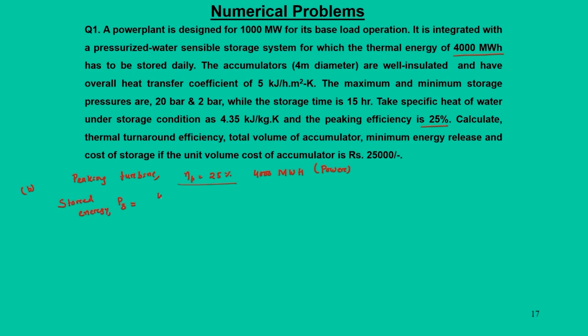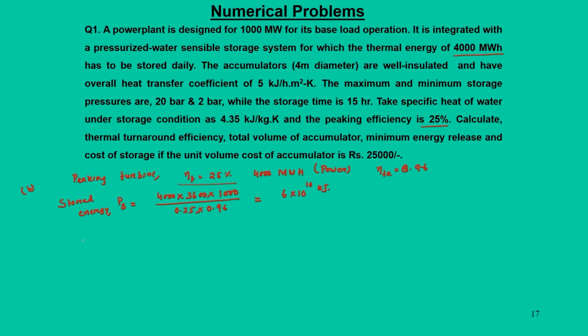PS would be 4000 into 3600 second, because it is hour, into 1000 divided by 0.25, your peaking efficiency, and we also have the turnaround efficiency of 96%, 0.96. So, putting this number, we get the stored energy will be 6 into 10 to the power 10 kilojoule.